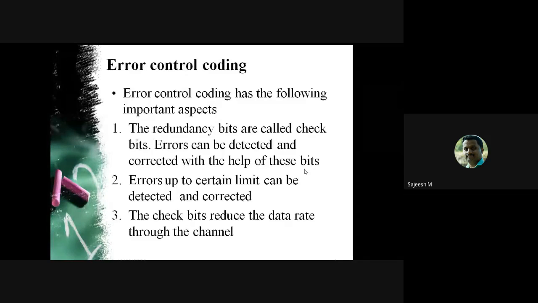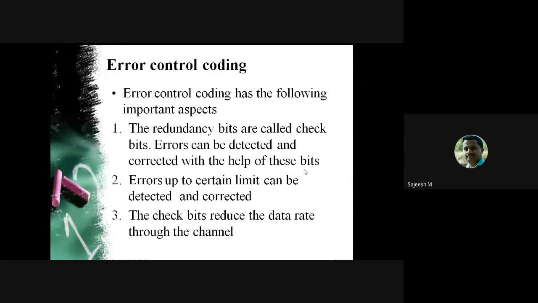Once we have generated a linear block code, we can comment about its error detection capability and error correction capability. If we are using this particular linear block code, we are able to detect up to 2 errors and correct up to 1 error.